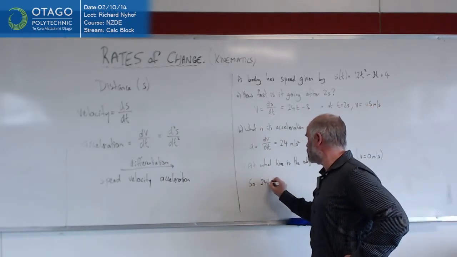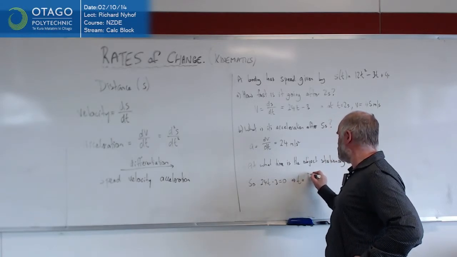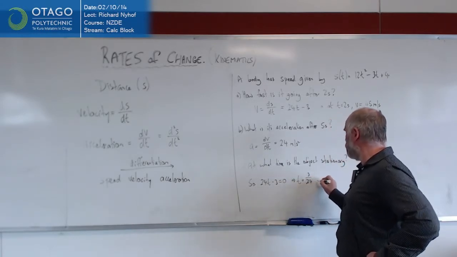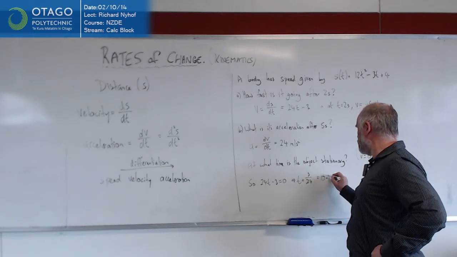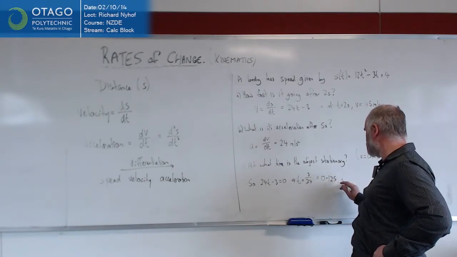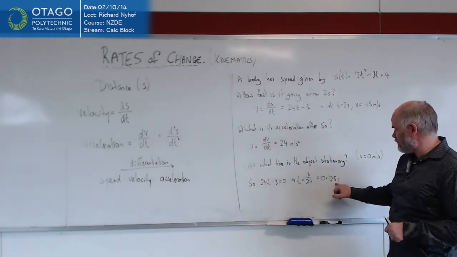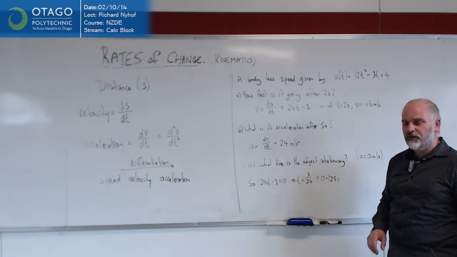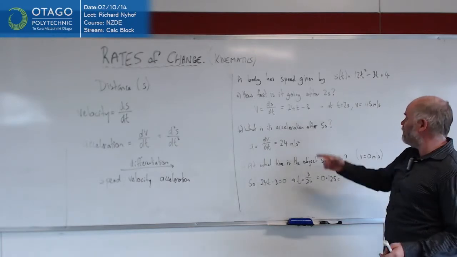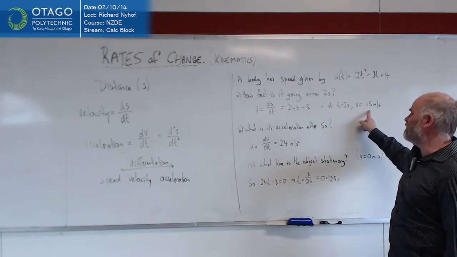So 24t minus 3 has to equal 0. So t has to equal 3/24, which is 0.125, I think. It's time, isn't it? Yep. So after 0.125 of a second, the thing has stopped, and then by the time 2 seconds are going, it's going 45 meters per second. So it's a very, very quick acceleration.